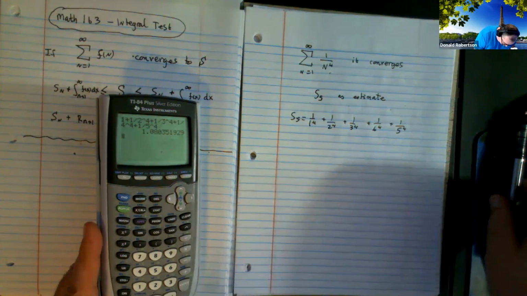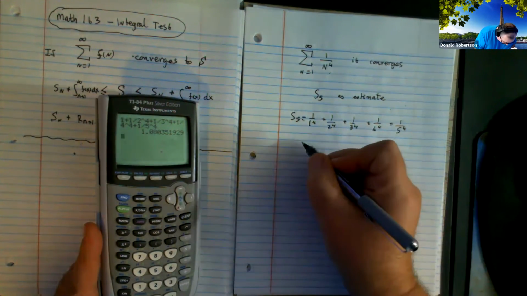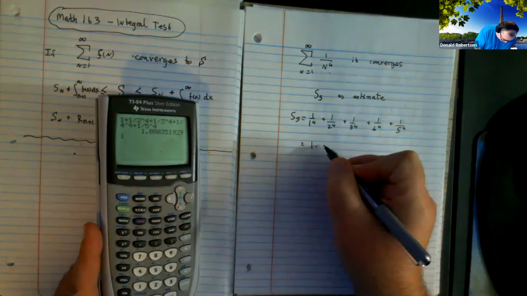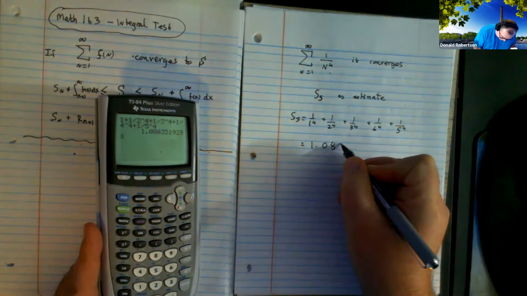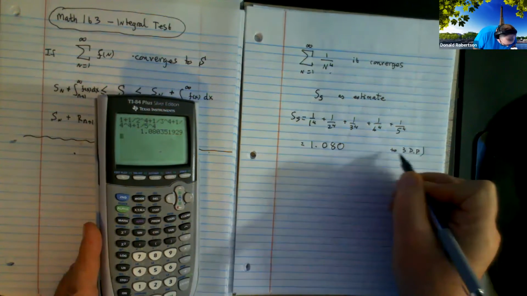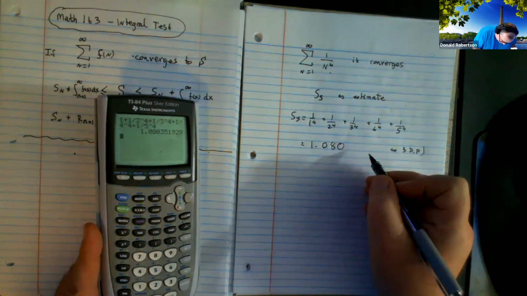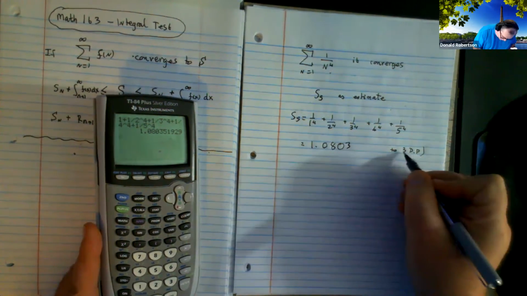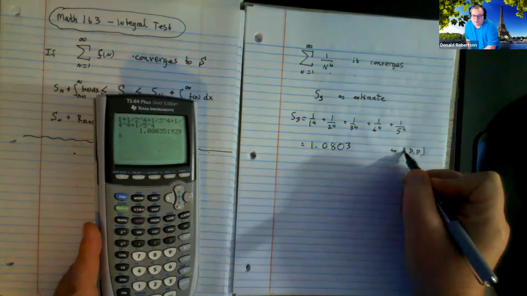And the answer that we are getting is 1.080. I'm doing that to 3 decimal places. Actually, let's add another one and do it to 4 decimal places. So that's what I'm estimating that entire series adds up to.